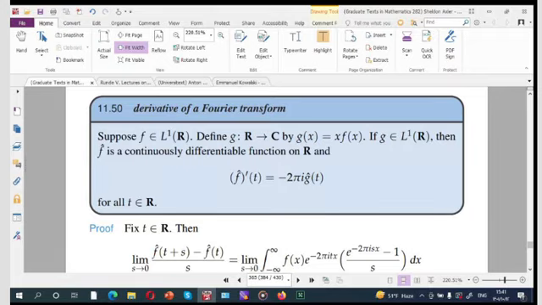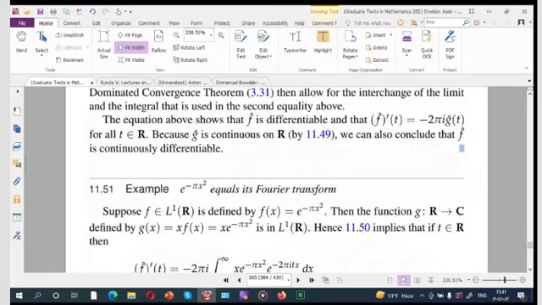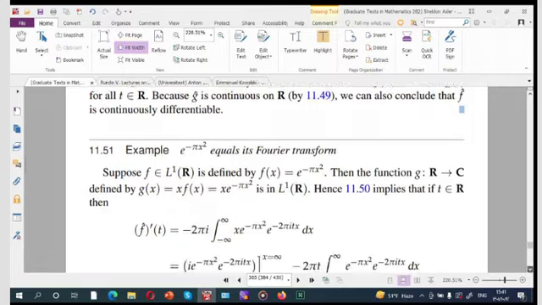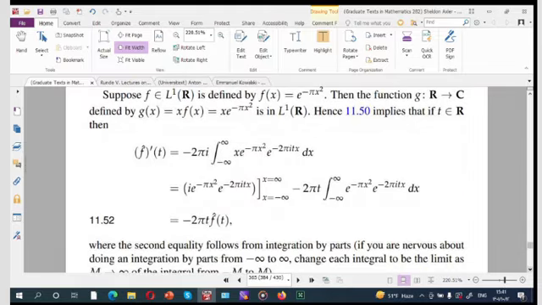And this is our function g, and this is g hat of t by the definition of the Fourier transform. Okay, but this equals this by integration by parts. Let me write this for you.